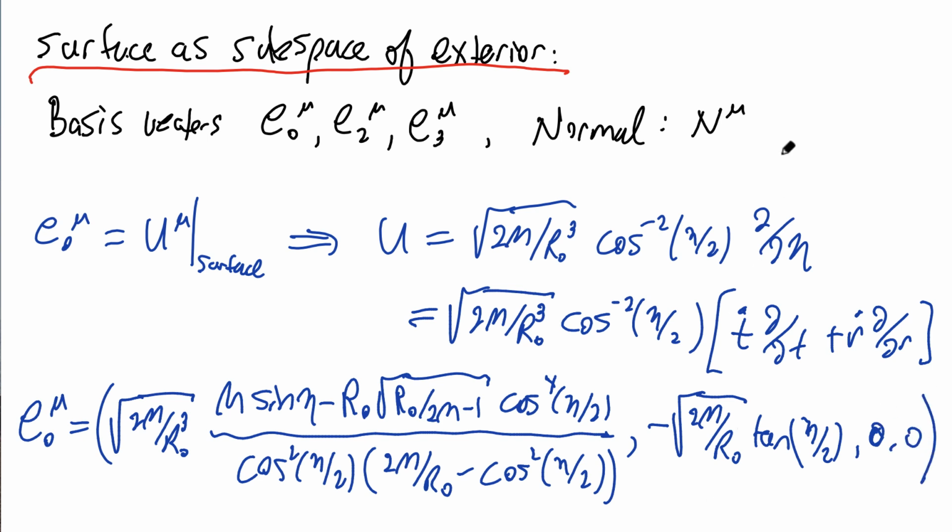The next step is to construct the normal vector n. This vector lies in the plane that's orthogonal to the two spheres, so its theta and phi components are both 0.